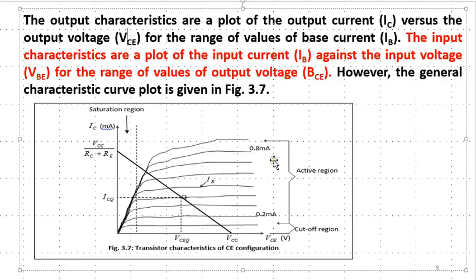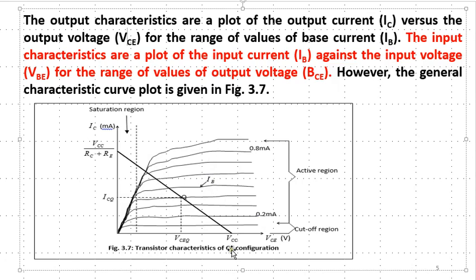We call this diagram the characteristic curve of our common emitter configuration. On the vertical axis, I have my collector current in milliamps. On the horizontal axis, I have my VCE, the voltage between the collector and the emitter, measured in volts. Each line in these graphs represents a different value of my base current.